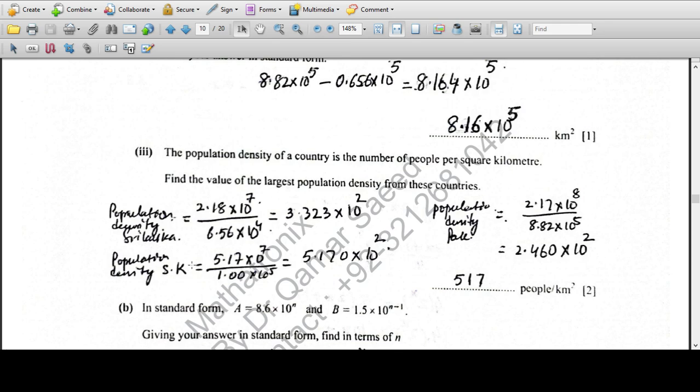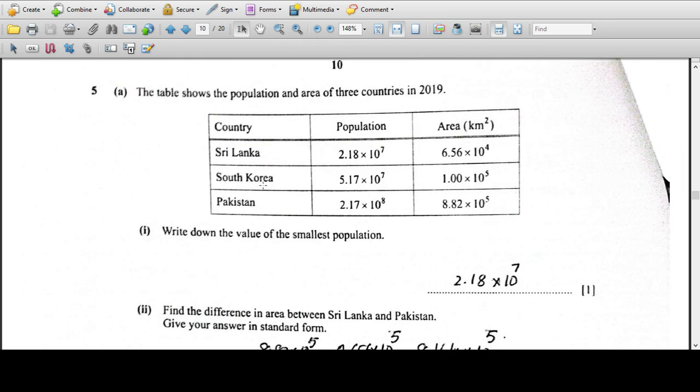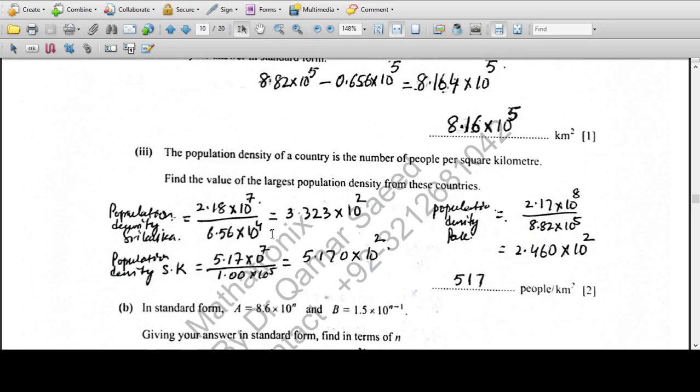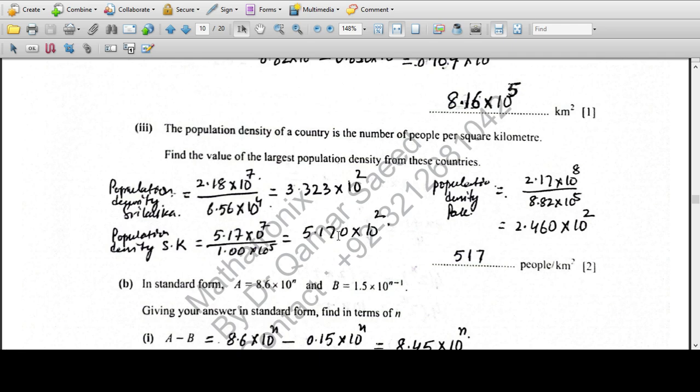And the population density of South Korea is 5.17 × 10^2. So the population density of Pakistan is small, while the population density of South Korea is quite high.